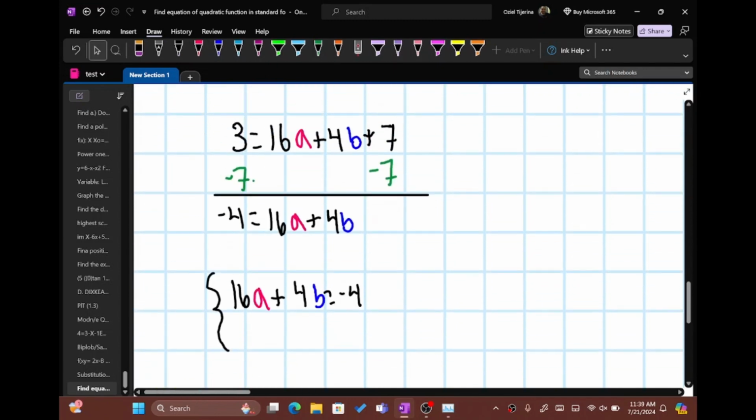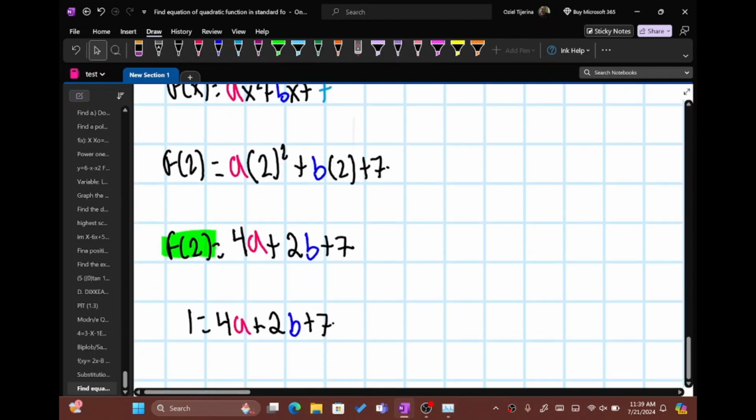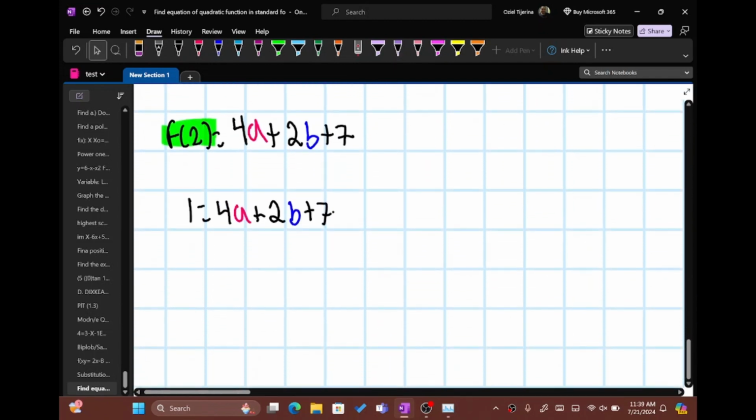And so then from here we're going to subtract 7 from both sides. So doing that, we get negative 6 is equal to 4a plus 2b. So we know that this is how we do this part.